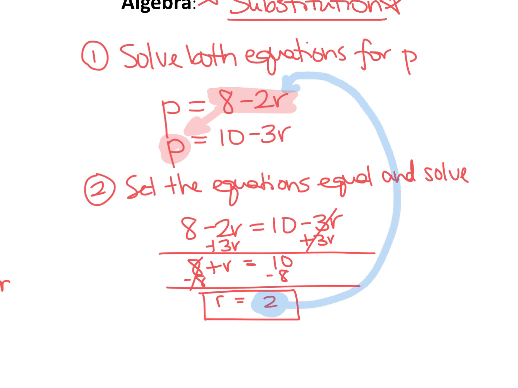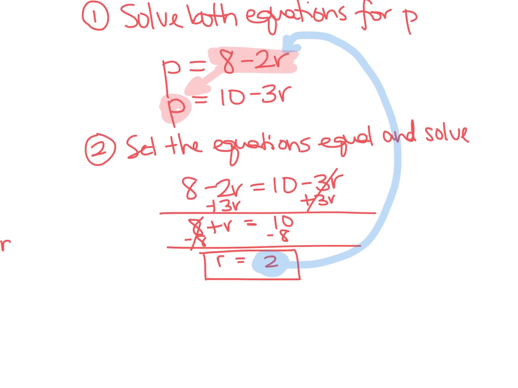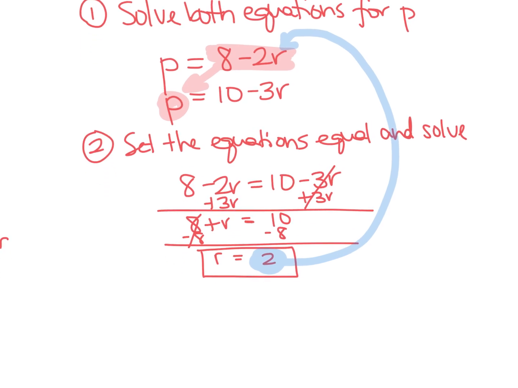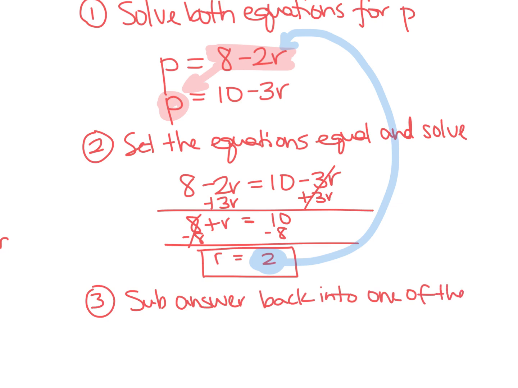Again, this is the substitution method, right? So we're substituting, we're replacing with things that are equivalent, right? So this is our third step. Third step, sub answer back into one of the equations.